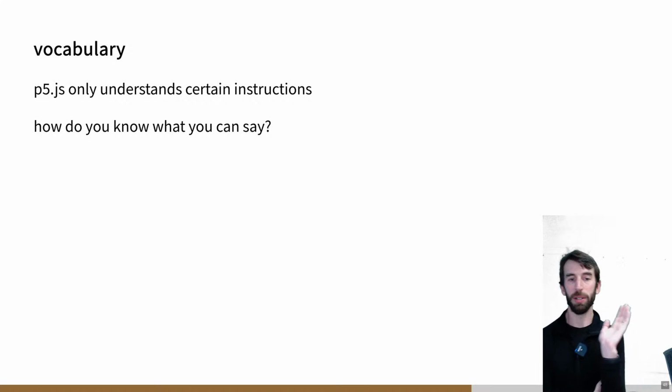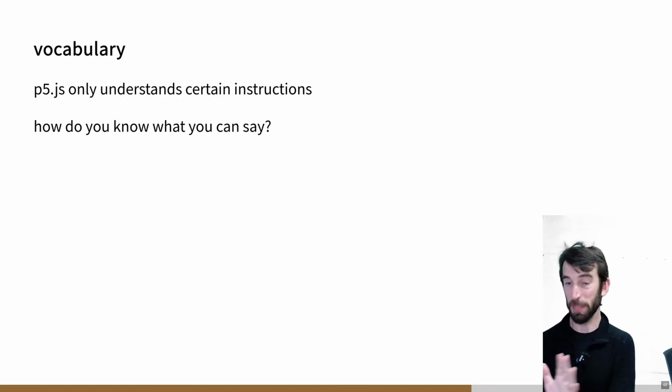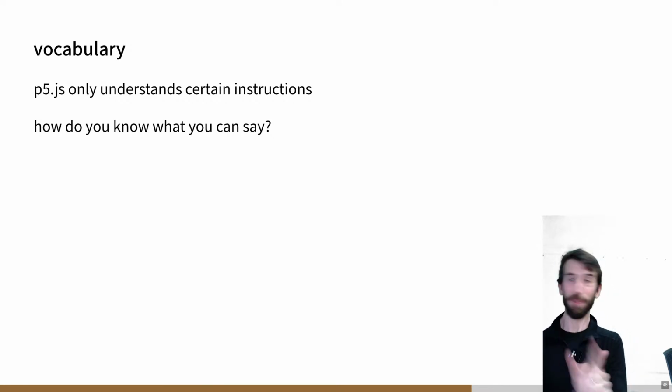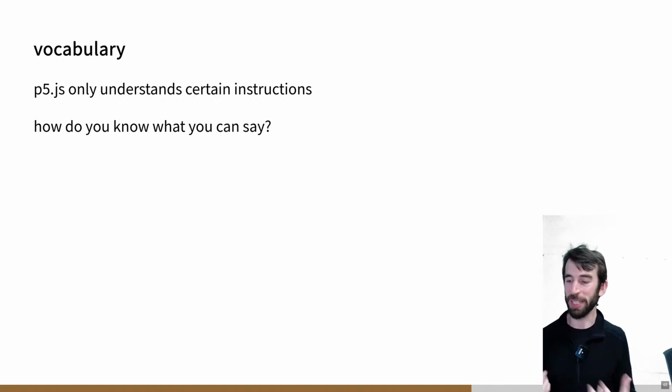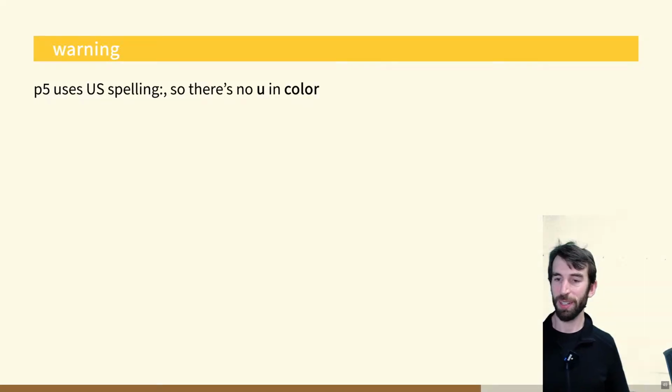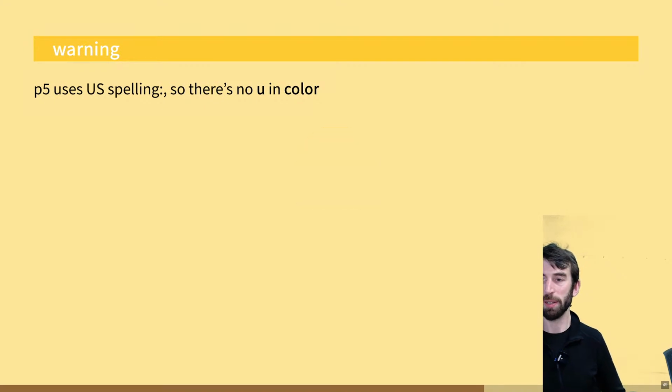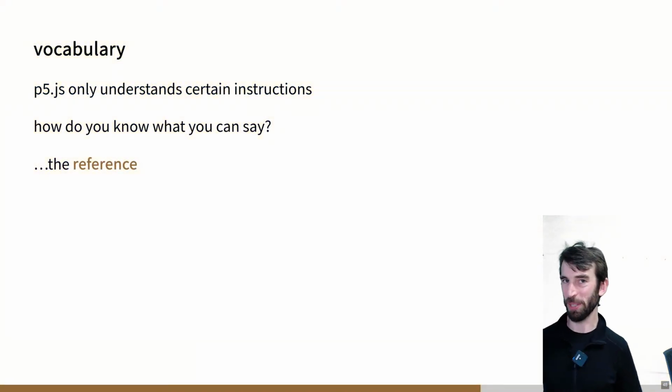How do you know what kind of words you can say to P5? Well, the easy answer is go to the reference. The reference has all the different instructions you can say to P5. But what do we call these instructions? We call them functions, which is a bit weird sometimes.